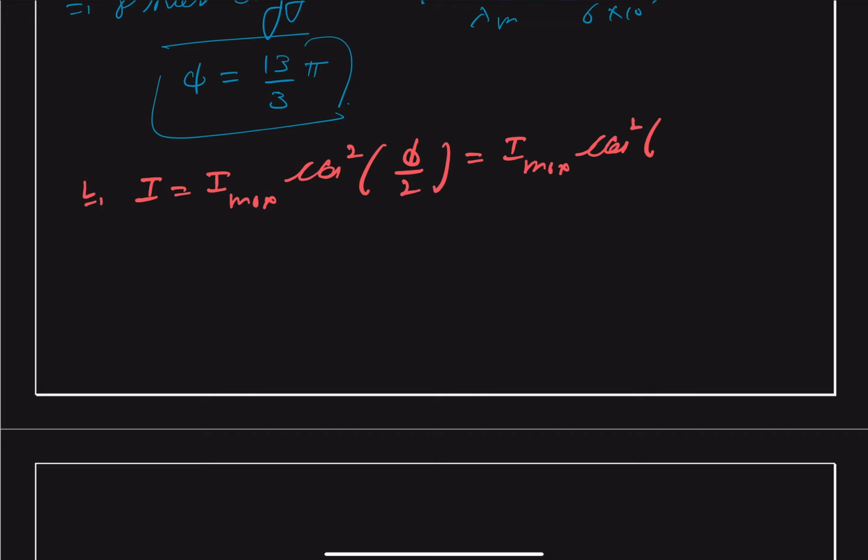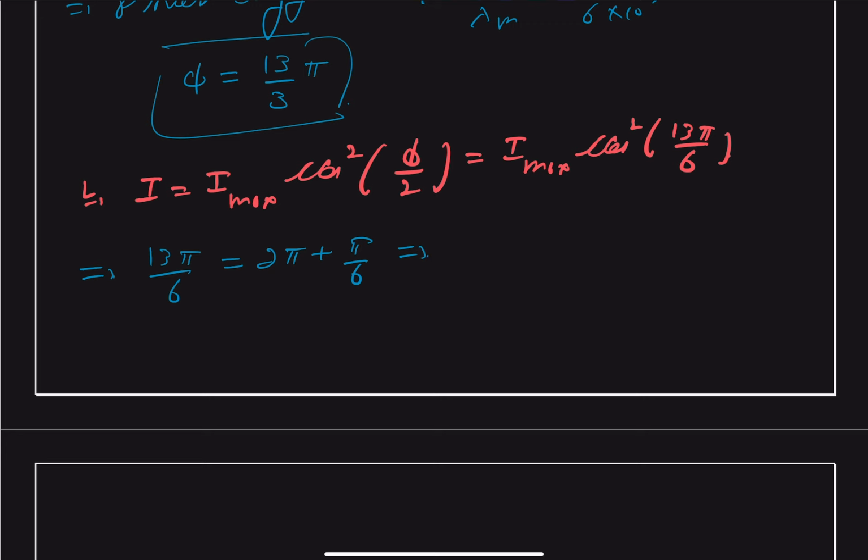So this comes as 13 pi by 6. And we can write that 13 pi by 6 should be equal to 2 pi plus pi by 6. We just manipulate it.